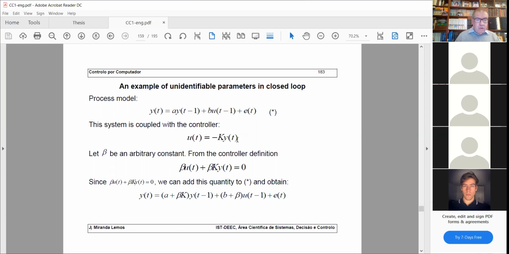If you want to bring your y to some non-zero value, to track a reference, then the reference can itself impose some excitation on the system. And you can use the reference as this extra excitation to avoid these identifiability problems. Any question?